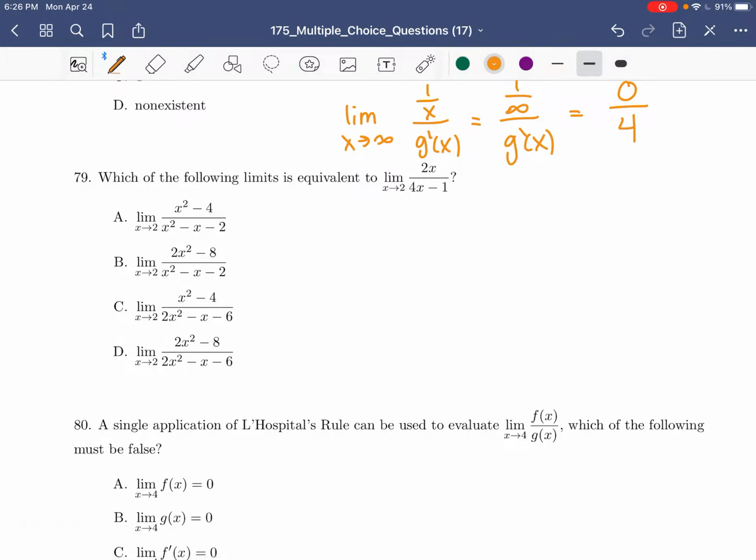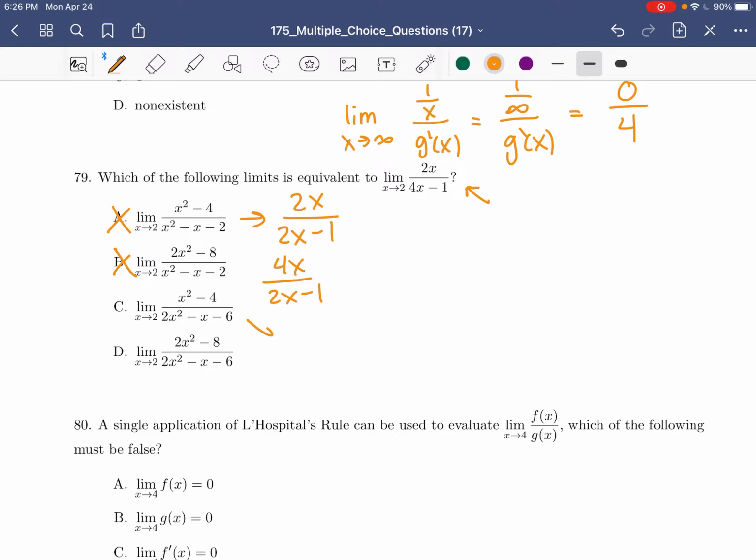Okay, 79 wants to know which of the following is equivalent. So this is basically L'Hopital's. We're going to take the derivative of all our answer choices to see which one matches what they gave us. So the derivative of A is 2x over 2x minus 1. That doesn't match, not the answer. B is going to be 4x over 2x minus 1.